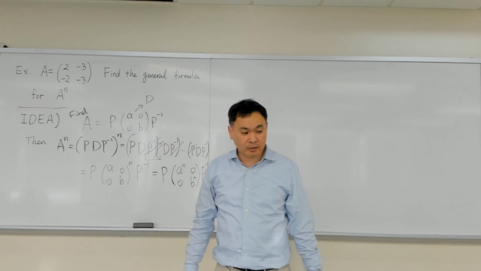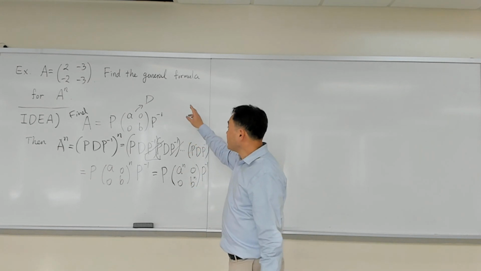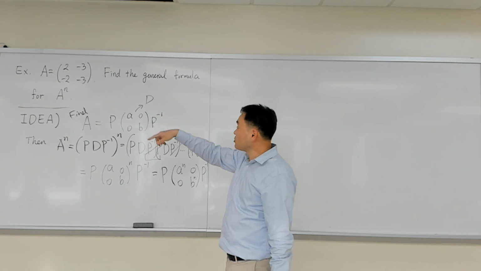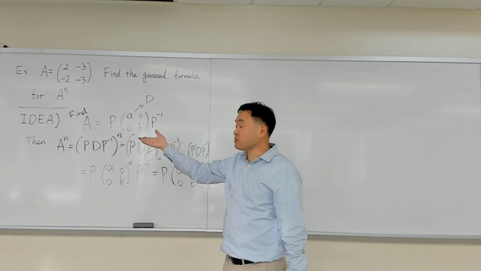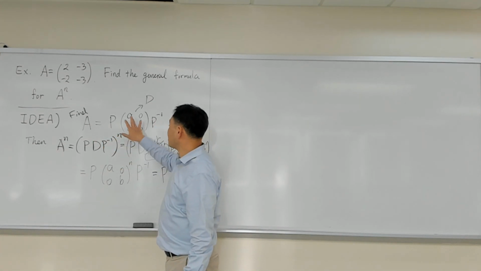So what we've done is change the question of finding the nth power into the question of writing A as a conjugate of a diagonal matrix.